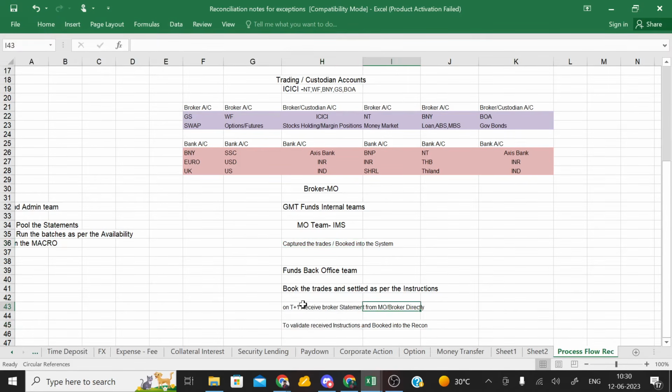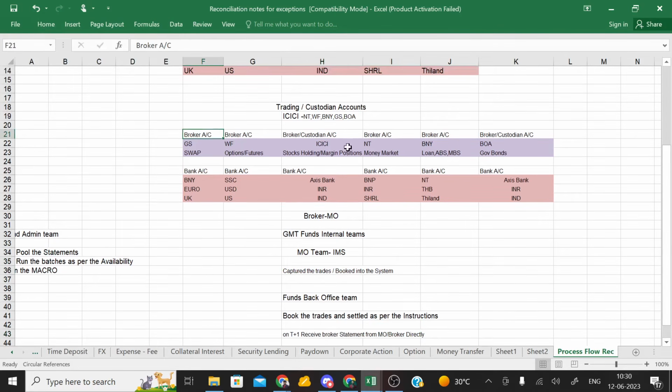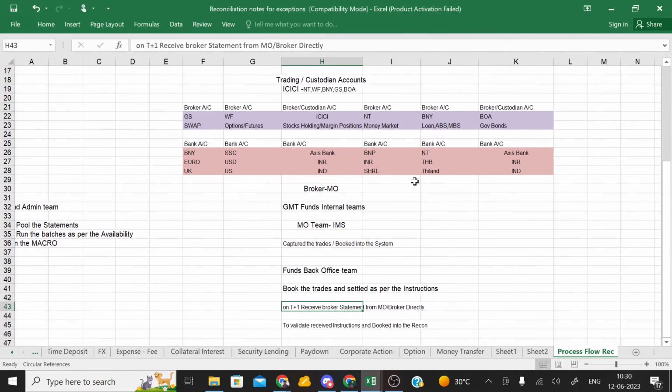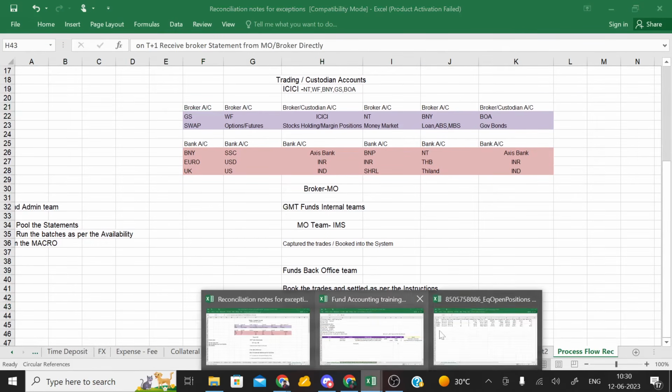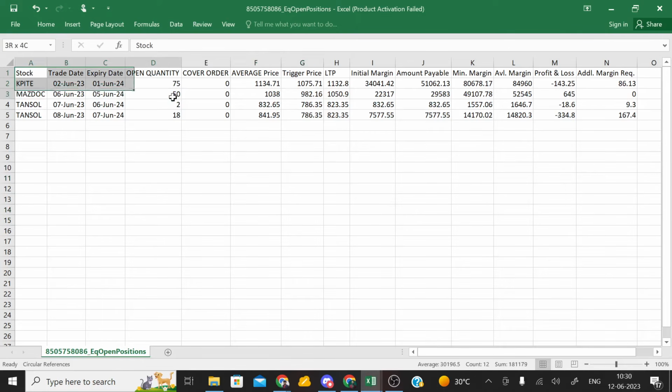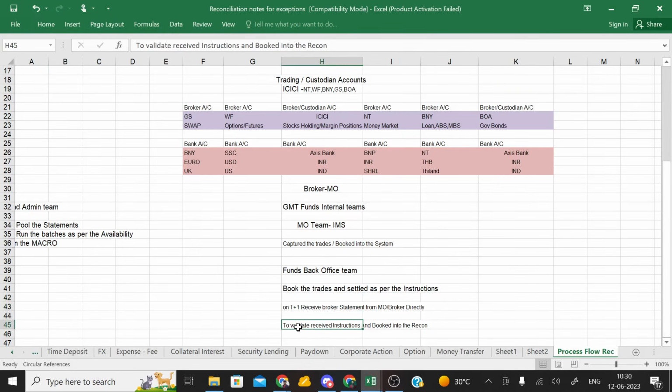So their main job is, all the different brokers, they'll send the statement in Excel. So in Excel it means they'll receive instructions like this, and then they record the buy and sell details in the system, right? So every day they receive the input, and then they book it into the system.